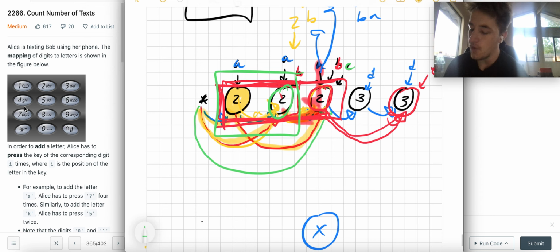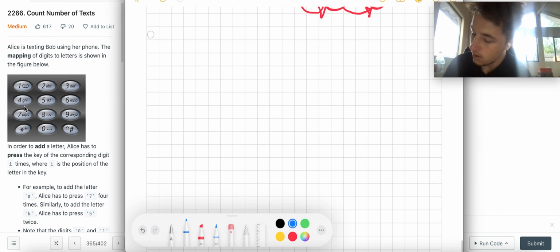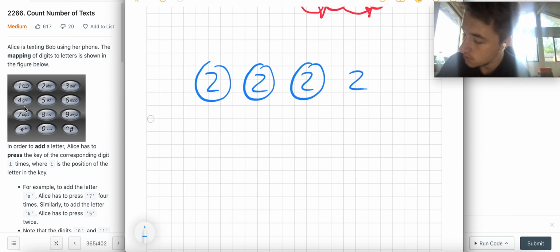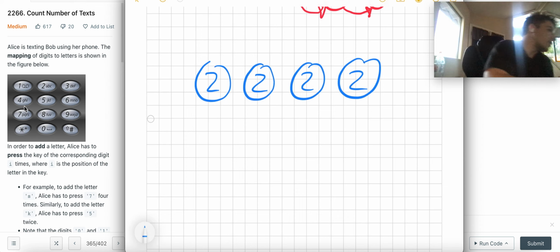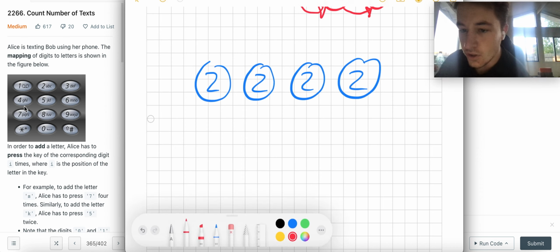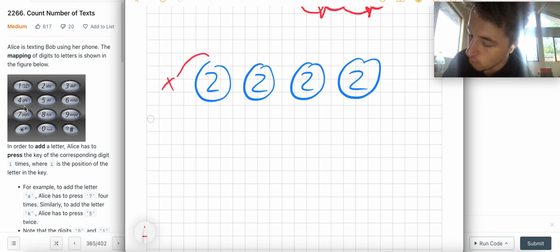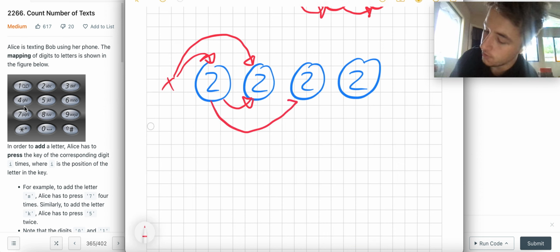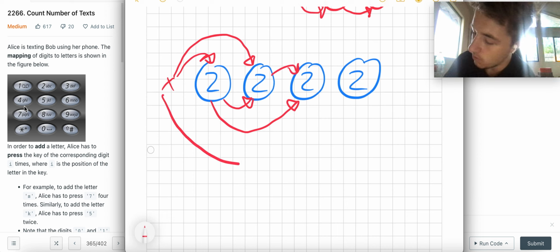And how does that limit? What if you were given the text 2, 2, 2, 2? How would you manage this situation? Well, they could have just typed an A, or they could have typed a B, or from here they could type an A. This can go here, or here, or here.